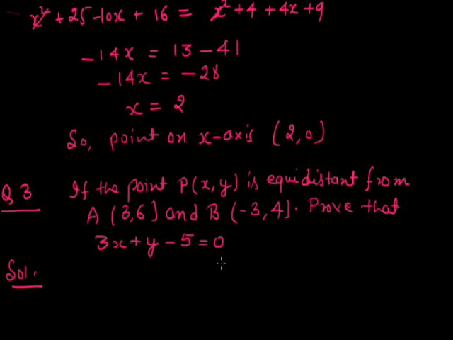Again, it is given P(x, y) is equidistant from 2 points A and B. A is (3,6) and B is (minus 3,4). What is given to you? PA equal to PB. We can say PA square is equal to PB square.